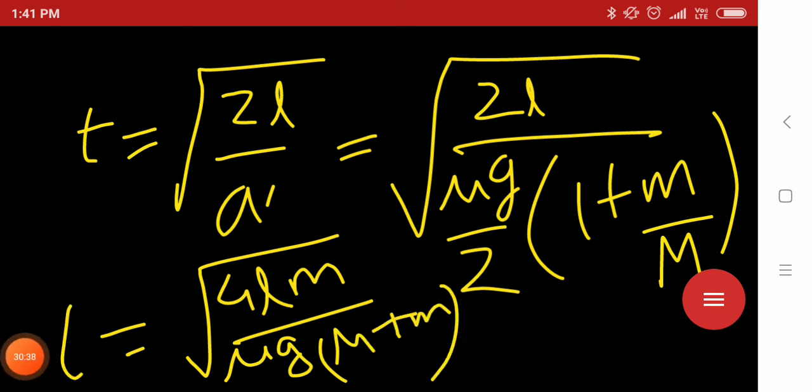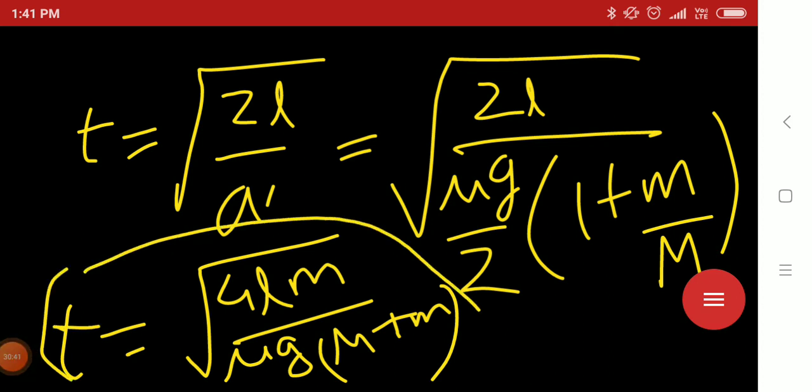This is the t value. So this much time will be required for the small mass m to separate from the capital M mass. For the time being, thank you.